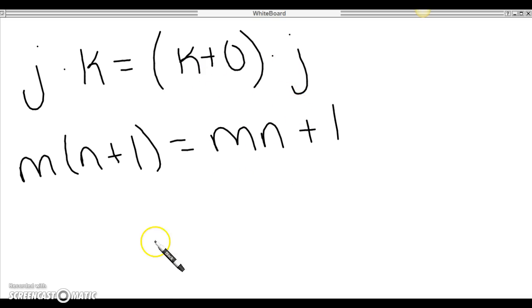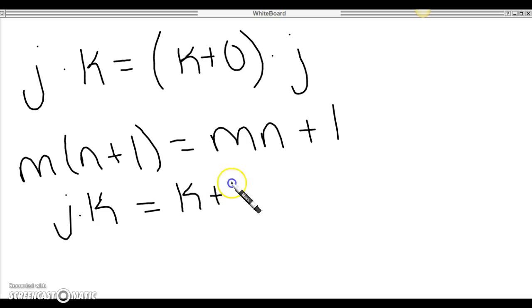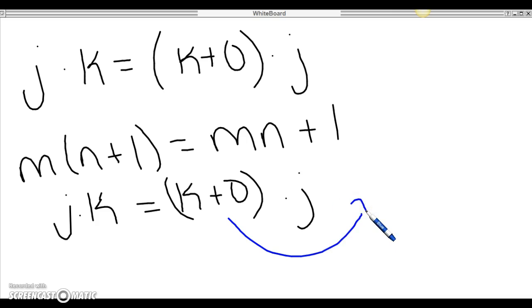Well, the first one, let me see. So let's do j times k equals k plus 0 times j. Well, I know here this is an example of identity of addition. I've run out of space, so I'm just going to write a little abbreviation.